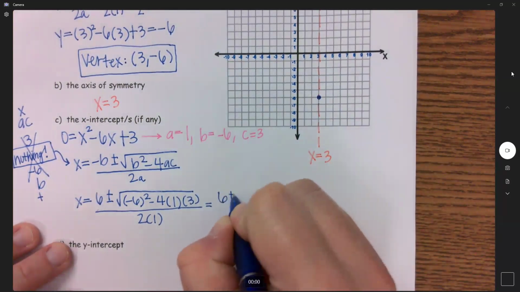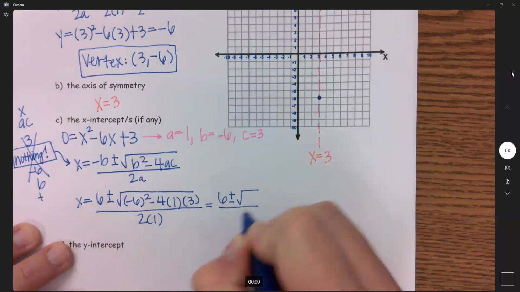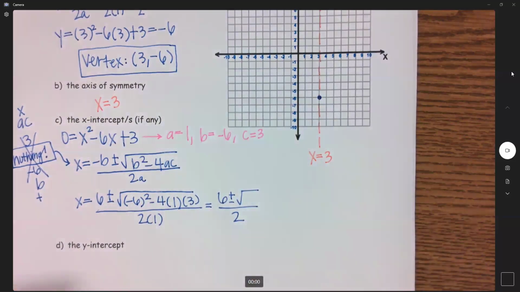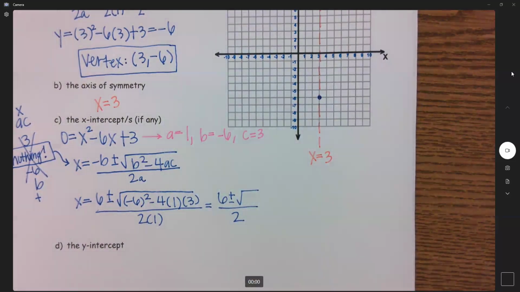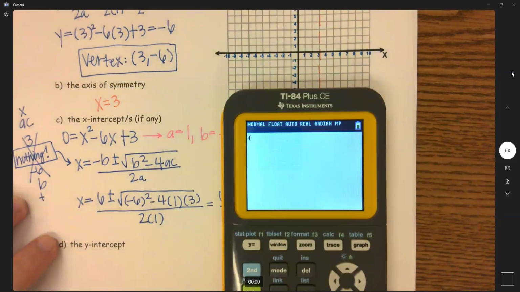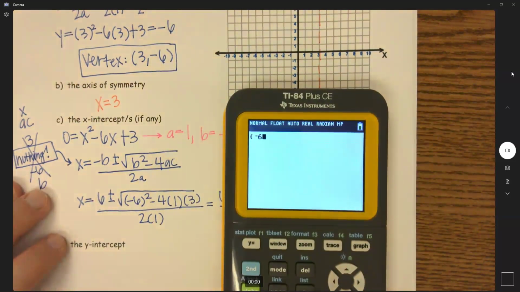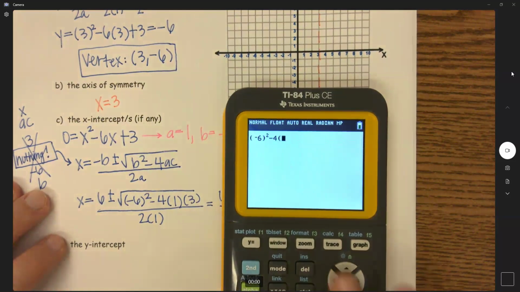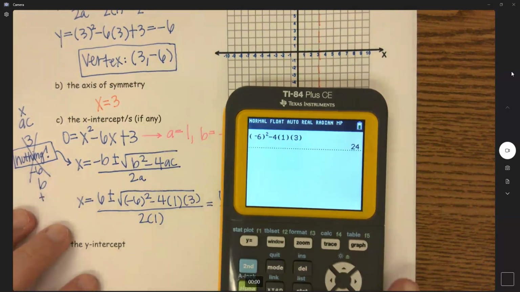So we're going to get 6 plus or minus the square root all over 2. Get my handy dandy calculator here. We're putting it in exactly the way it looks. We get 24.